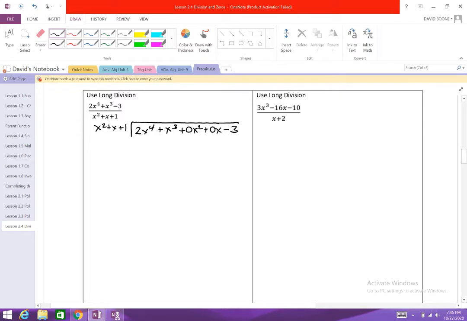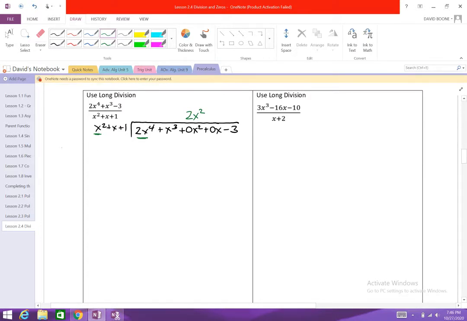So you start off by looking at those leading terms and asking, what do I multiply x squared by to give me 2x to the fourth? And that'd be 2x squared. So I'm going to line it up above the x squared here. I'm going to put 2x squared there. And we take this term here and multiply it times all these pieces.